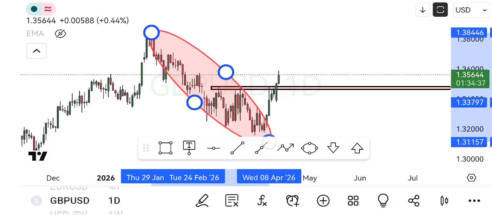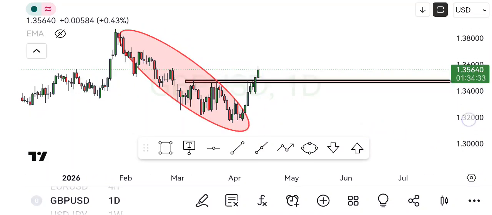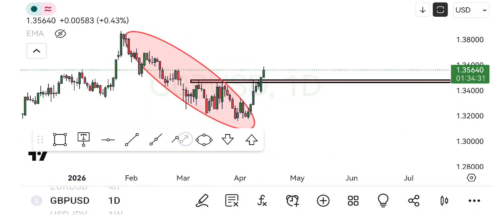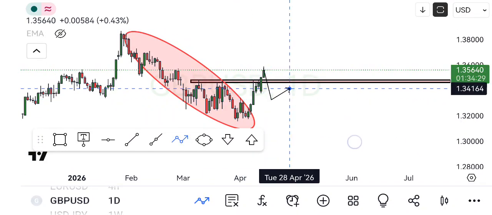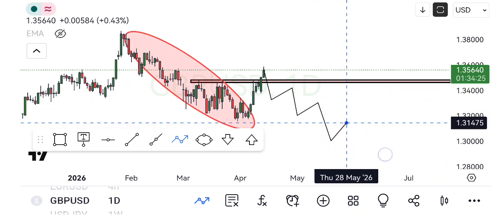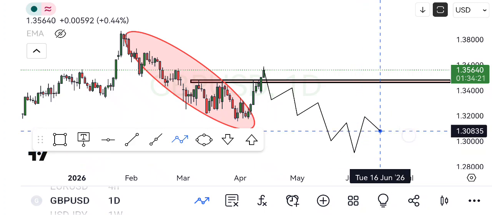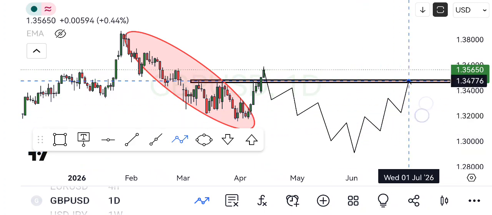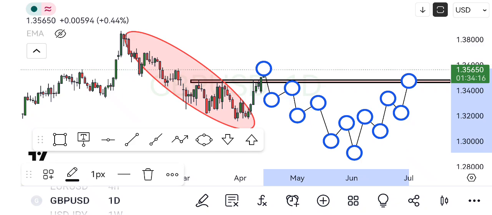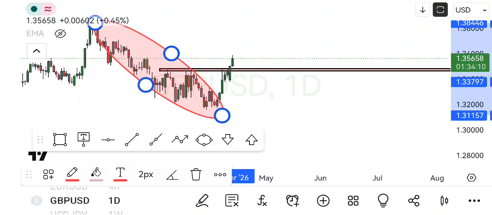I try to keep things as easy as possible. If you have a downtrend, look for selling opportunities only. If you are having an uptrend, look for buying opportunities.